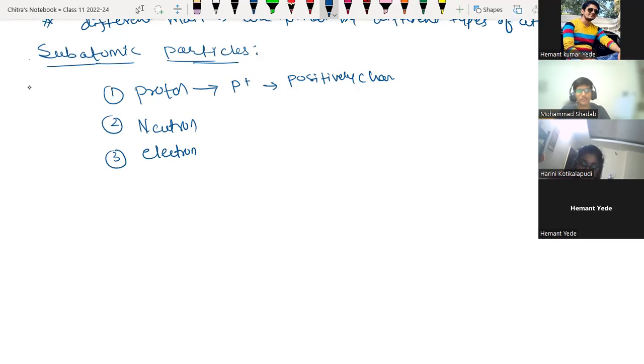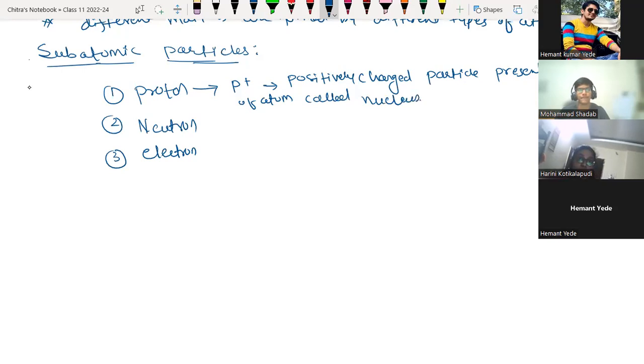Protons are positively charged particles present at the center of the atom, called the nucleus.